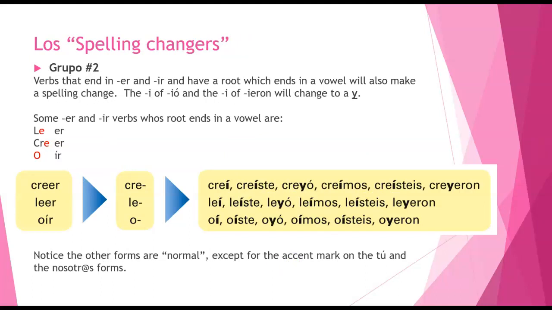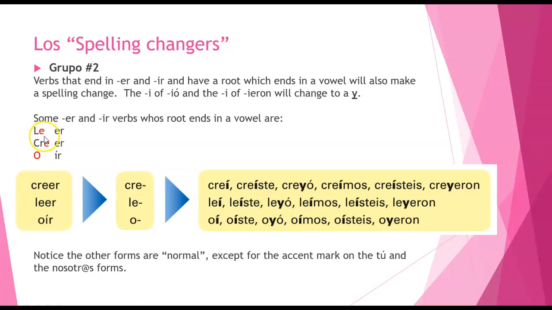Grupo dos of the spelling changes, these are verbs that end in ER and IR, but they have a root which ends in a vowel. Okay, these also make a spelling change. The I in ió and the I in ieron will change to Y. So we see here, leer.